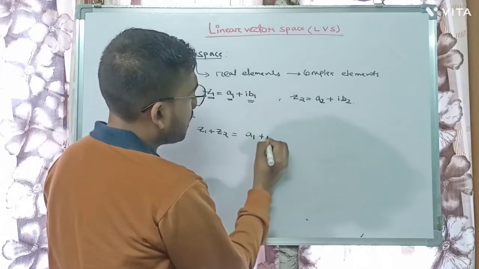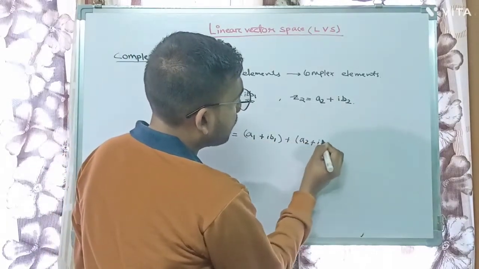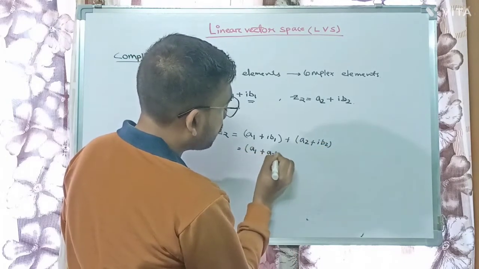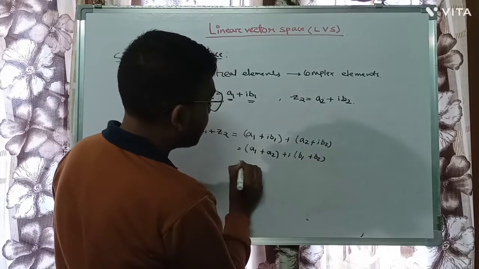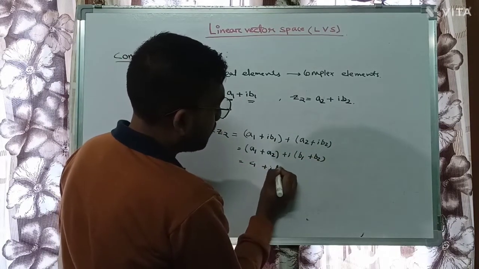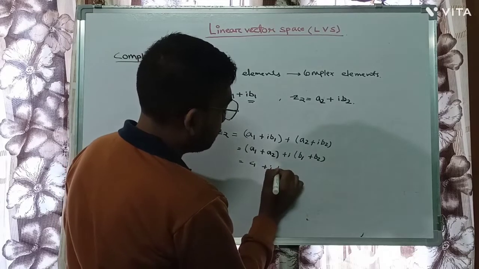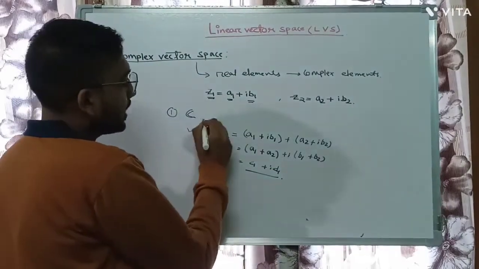A1 plus iB1 plus A2 plus iB2, so this is A1 plus A2 plus i times B1 plus B2, which is an element which is also complex. So this property is being satisfied.